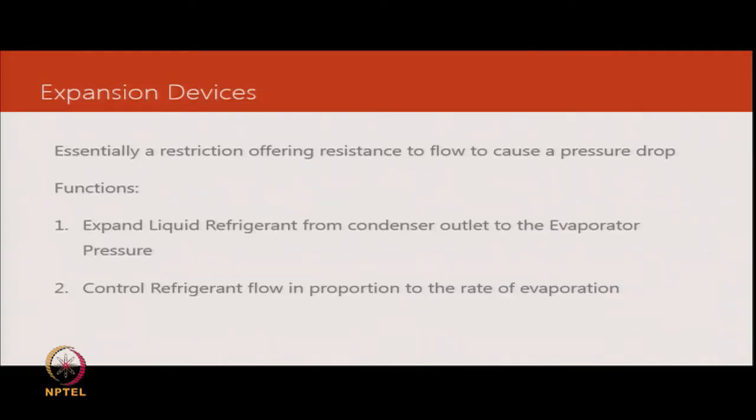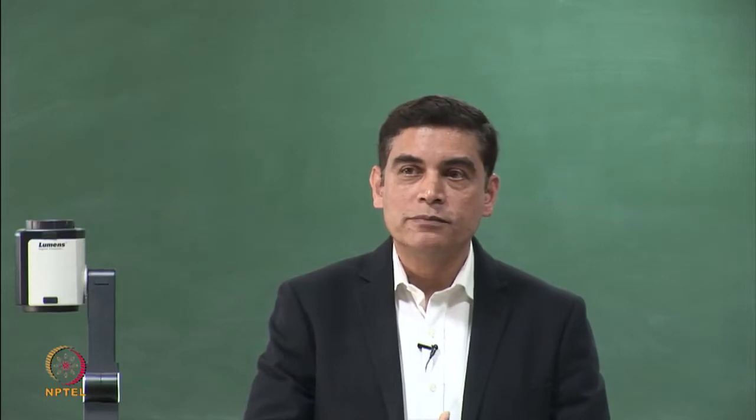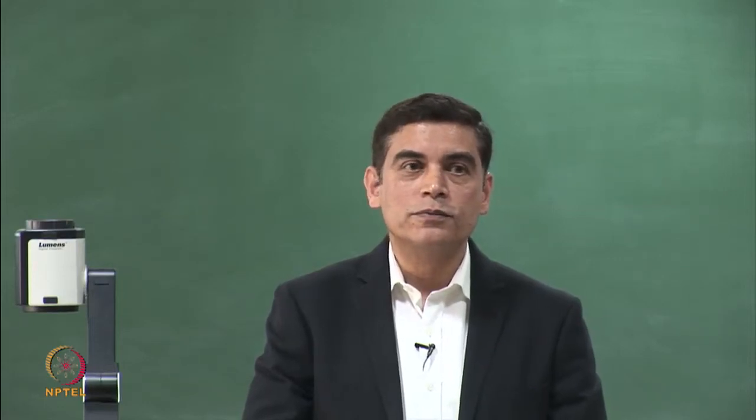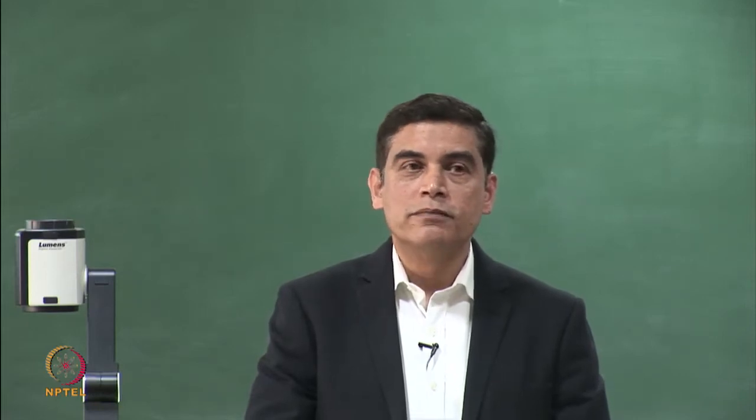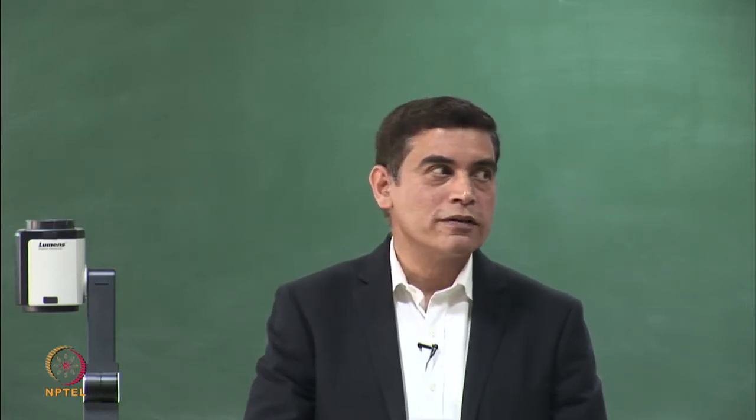The function of the expansion device is, number one, to make refrigerant flow at a certain rate to the evaporator. So it's like a control device. The rate of heat rejection in the evaporator has to be matched by a corresponding mass flow rate of the refrigerant. So that is one function which is met by the compressor together with the expansion valve.